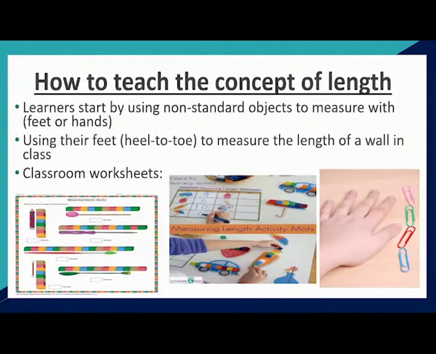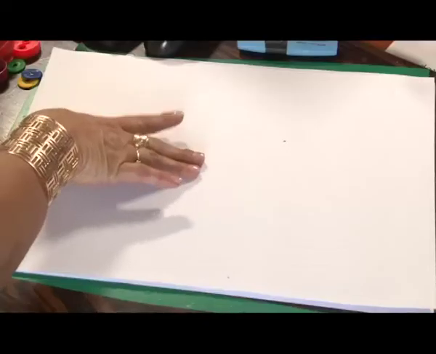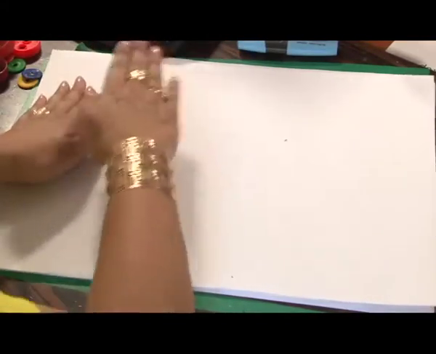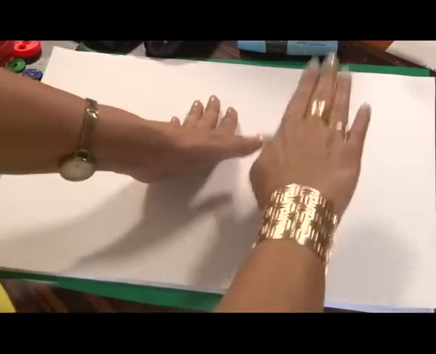So how do we teach the concept of length? Learners start by using non-standard objects to measure with. They start by using their feet to measure the width or the length of the classroom, or the hand span. 1, 2, or 1, 2, 3, 4, 5.